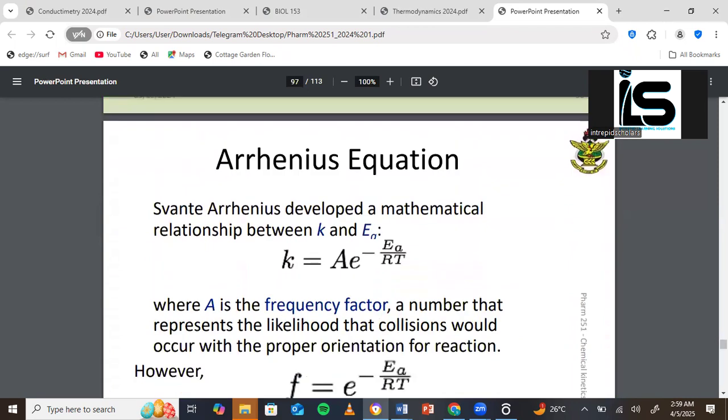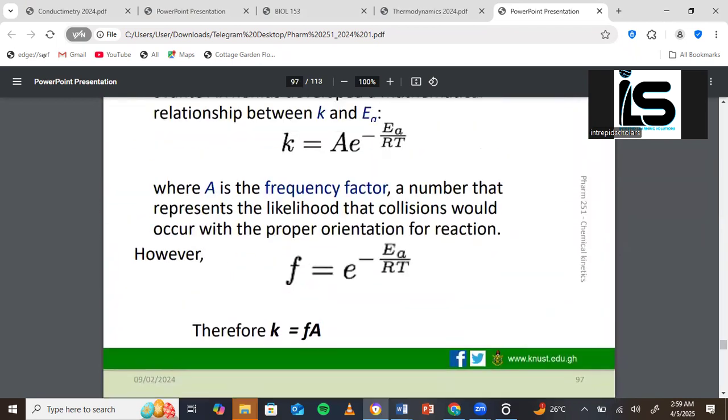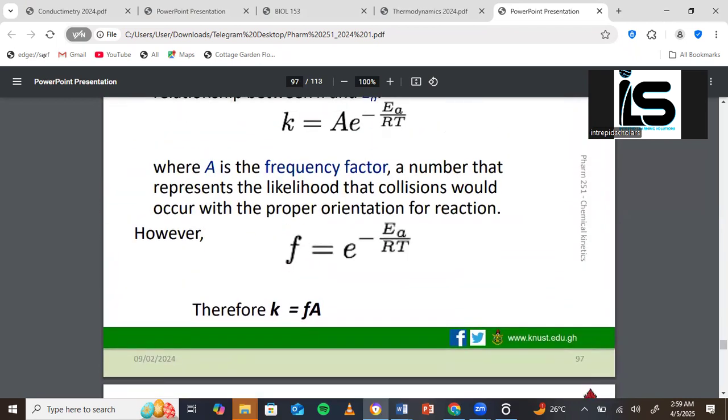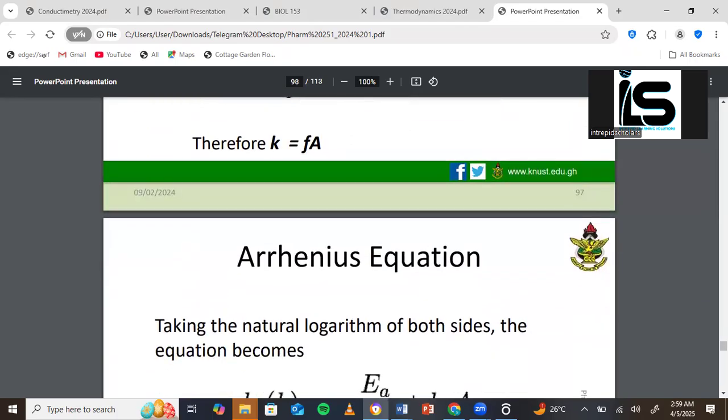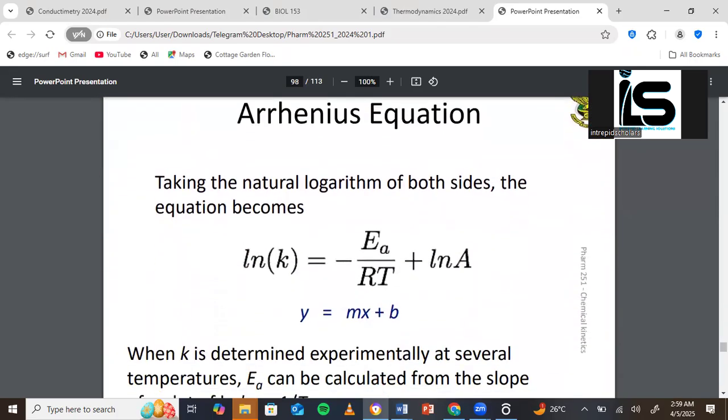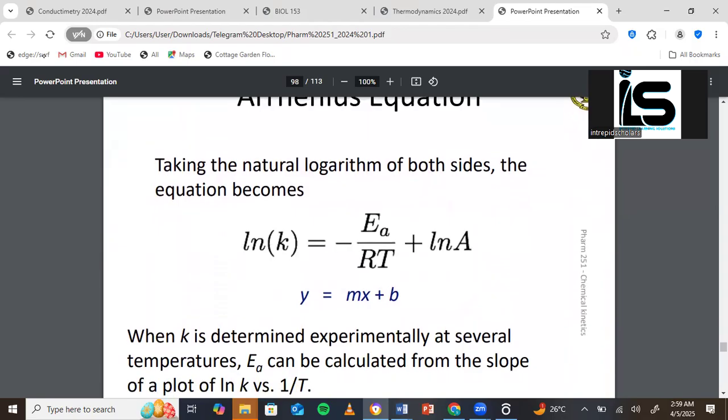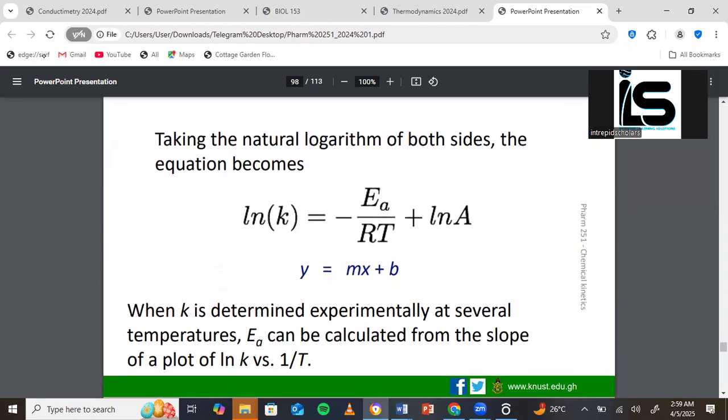So we can substitute F into the whole equation to get K equal to FA. That's a simple way of stating the whole thing. The A here is the frequency factor, a number that represents the likelihood that a collision would occur with proper orientation for reaction. This is an expanded form of the formula that we have to keep. This is very important.